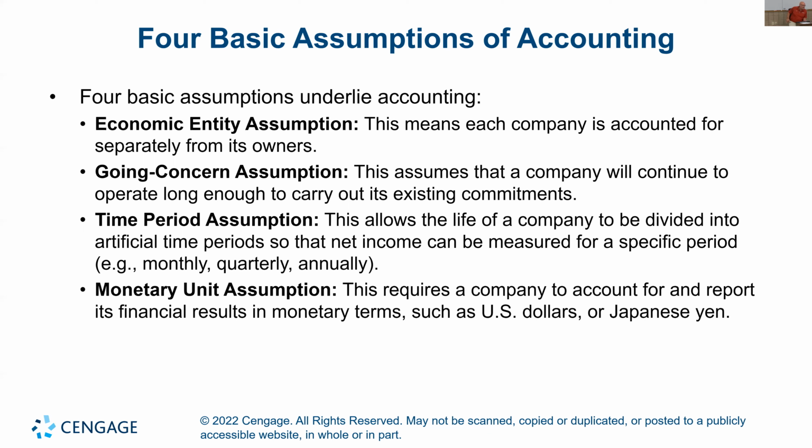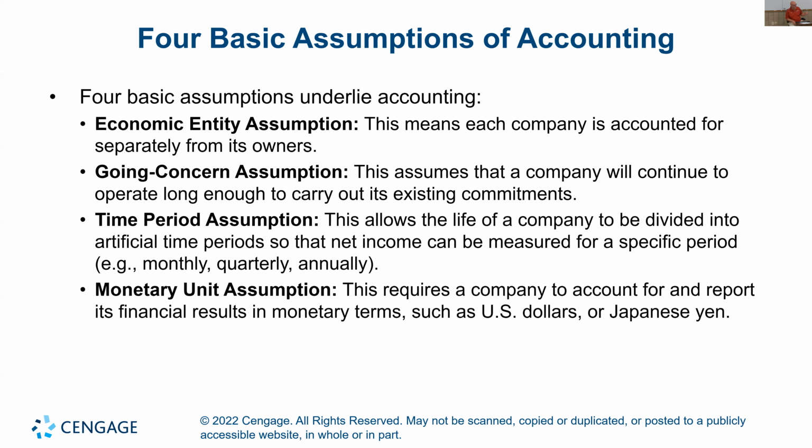The first is the economic entity assumption. This lets us assume that a business or corporation is separate from its owners. So if an owner of a company wants to go out and buy a personal truck, they don't use business funds for that.